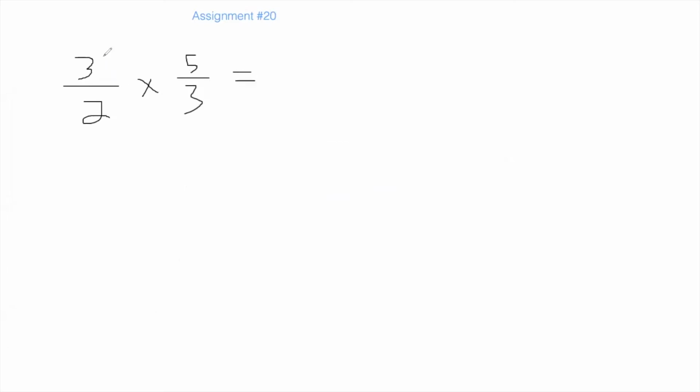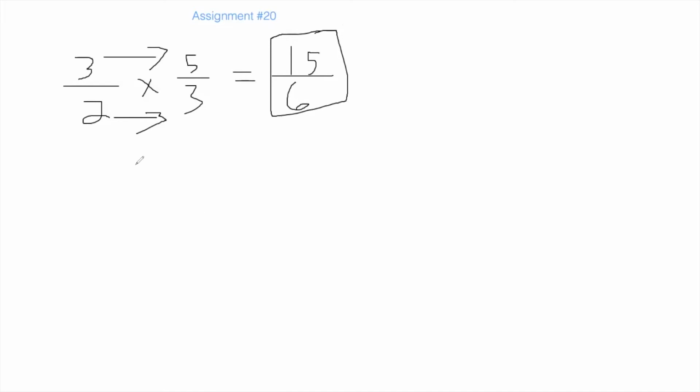All you're doing is multiplying across. So 3 times 5, 2 times 3. So 3 times 5 is 15. 2 times 3 is 6. And that's it. You're done. So 15 over 6. You can't simplify that any further than that.